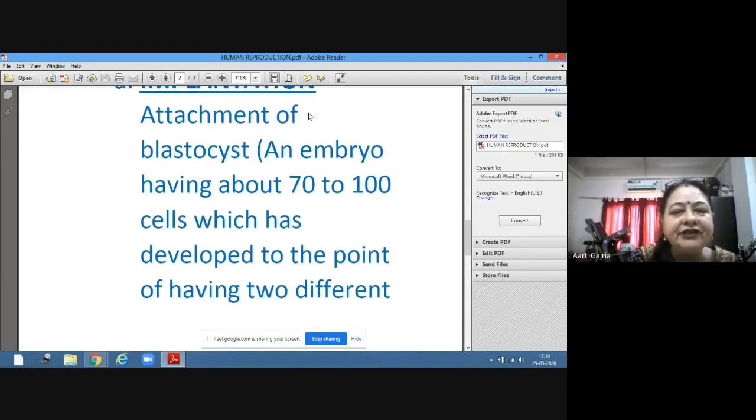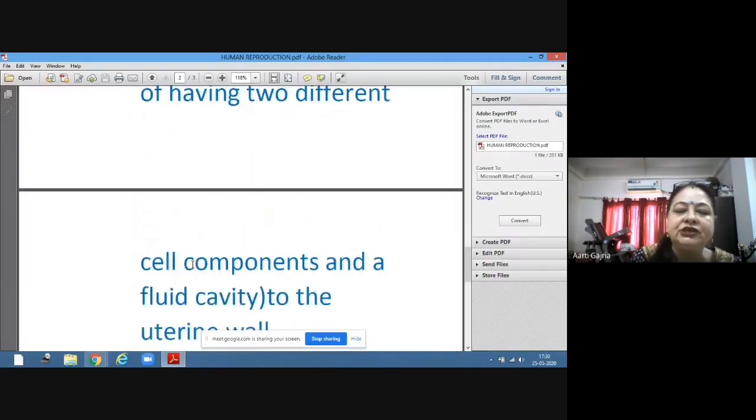After this division, when the embryo has around 70 to 100 cells, this condition is called blastocyst. This blastocyst is the embryo having about 70 to 100 cells, which has developed to the point of having two different cell components and a fluid cavity.